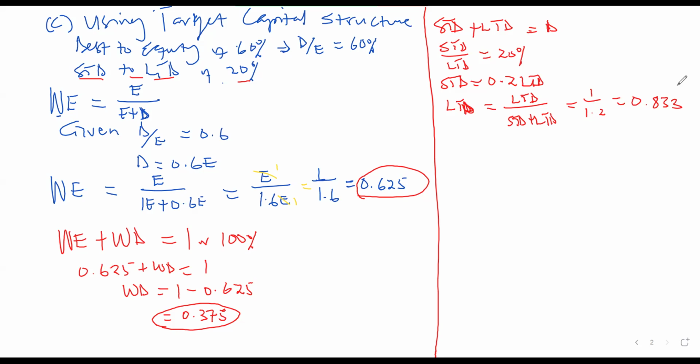So now if I want the weight of long-term debt in total capital, then that's going to be 0.833 times the value of debt, which we found here to be 0.375.